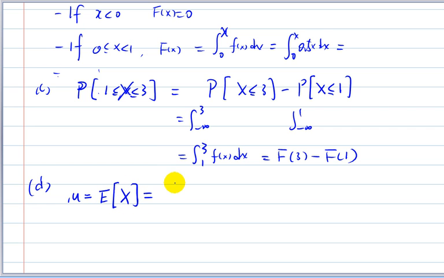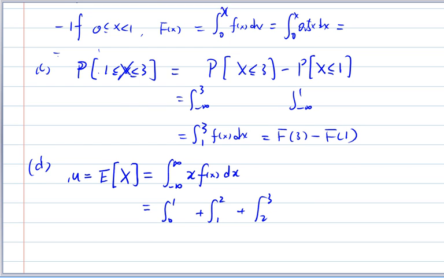The formula says this equals the integral from negative infinity to positive infinity of x f of x dx. Because it is a piecewise function, you need to integrate it from 0 to 1, from 1 to 2, and from 2 to 3. Do the integration, and you'll find the value 1.5.